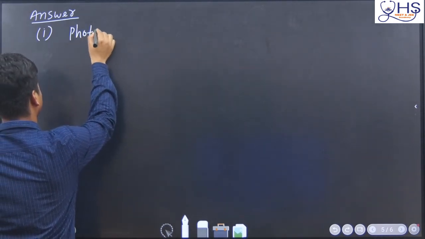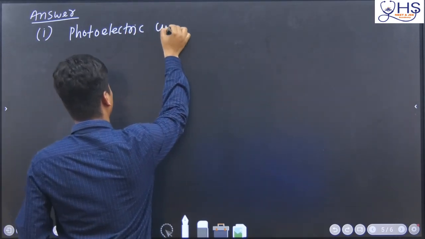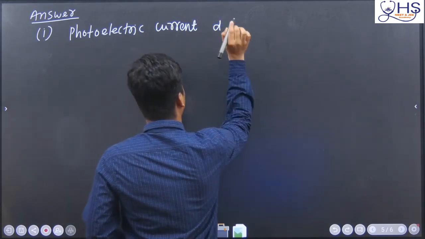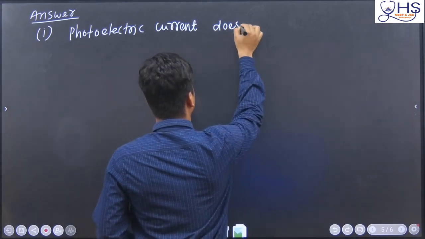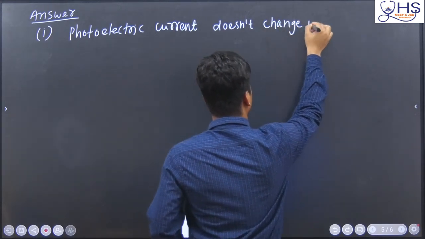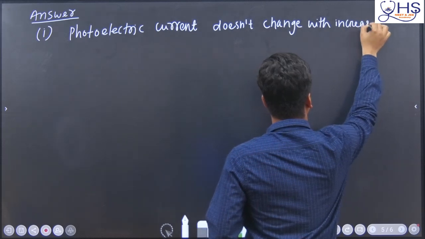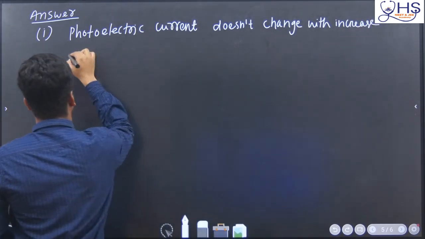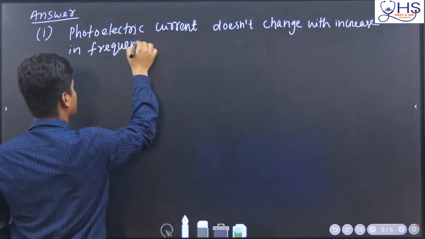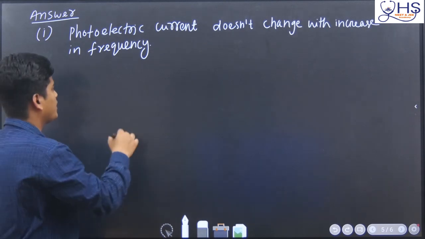Photoelectric current does not change with increase in frequency. So, this wording you must remember and write: increase in frequency, photoelectric current does not change. Because why?